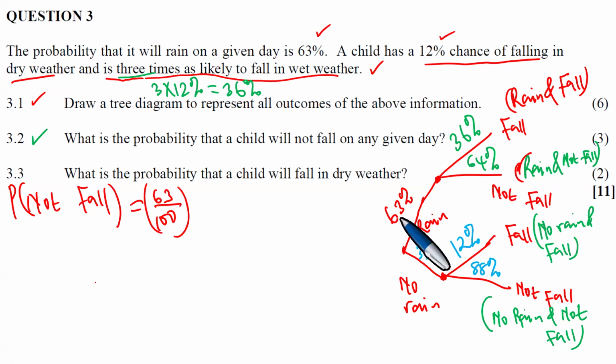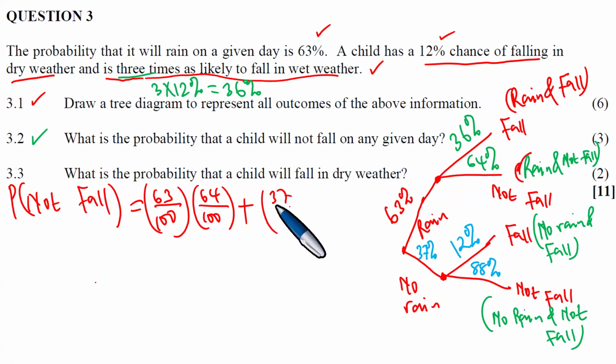So not fall at the top is 63 over 100, followed by 64 over 100, like that. Or not for this one, not for this one. So in other words, it's going to be 37%, 88%, not fall.